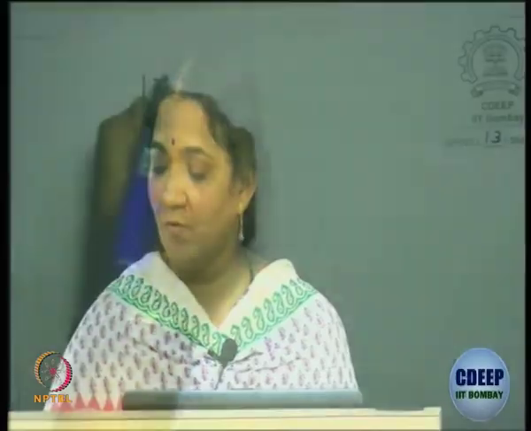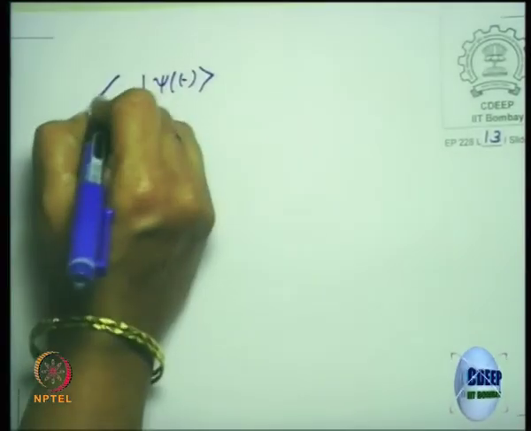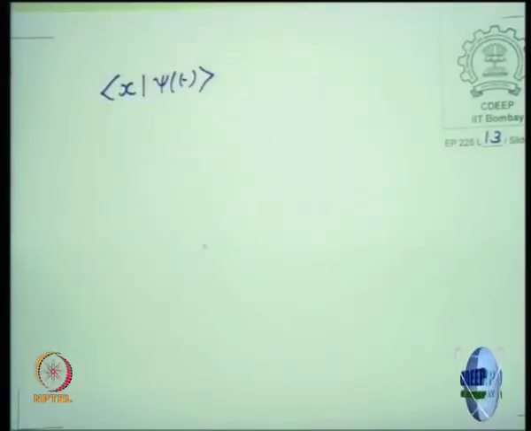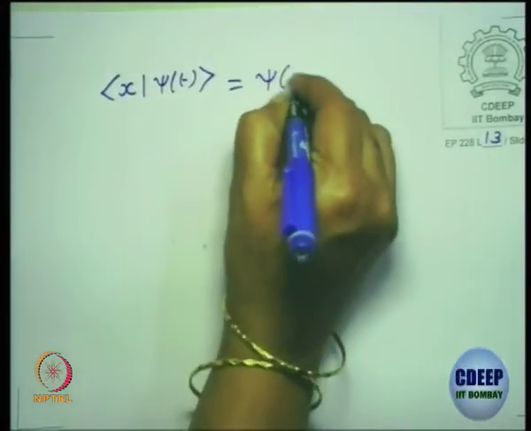So, using this equation, we also went into the position representation, right? How to make contact with the time dependent Schrodinger equation, which you have learned in the wave function formalism. We went into that, and we had psi of t projected onto the position basis. This is what we called psi of x comma t.